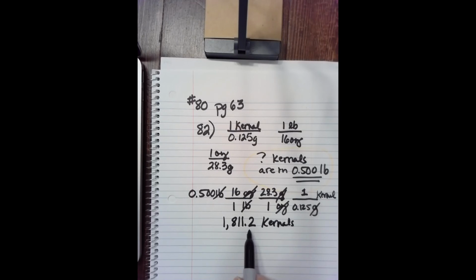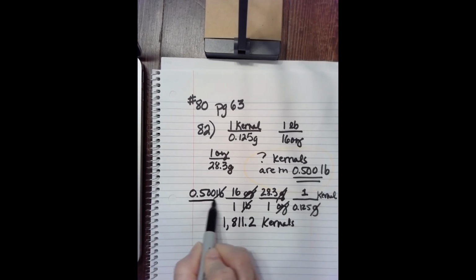Here's one of those things where we know I'm not going to have a partial kernel. So now we have to round for proper sig figs. We don't care about the conversions. How many sig figs were here? 0.500: the 1, final 0, sandwich, 3 sig figs. So this means I can have 3 sig figs in my answer.